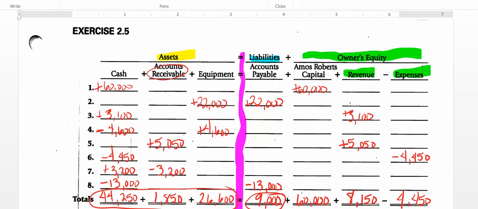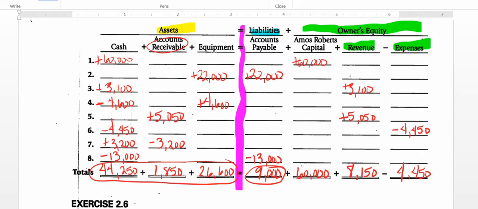I'm looking at the problem in the book and the solution, and we weren't told to do this, but this is a great thing to do to double check that we got all of our transactions in there correctly. Okay, so let me finish this problem. 8,150 minus 4,450 is 3,700, and so we're going to add 3,700 to 60,000.